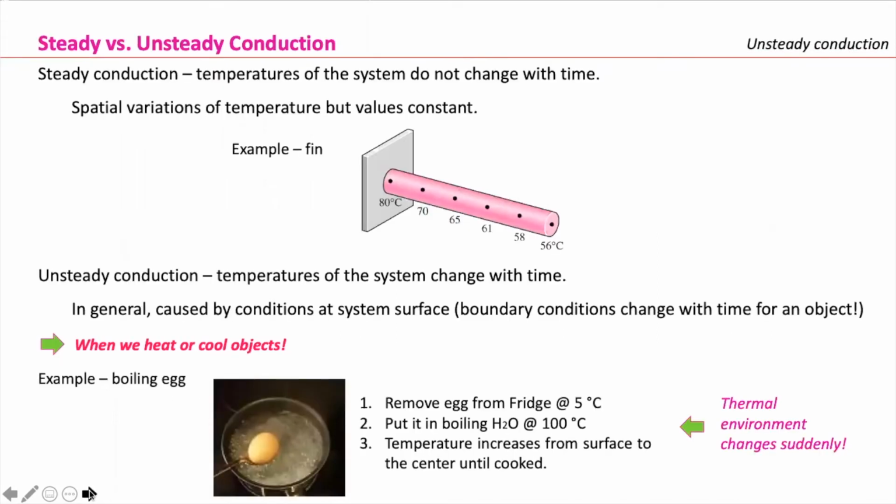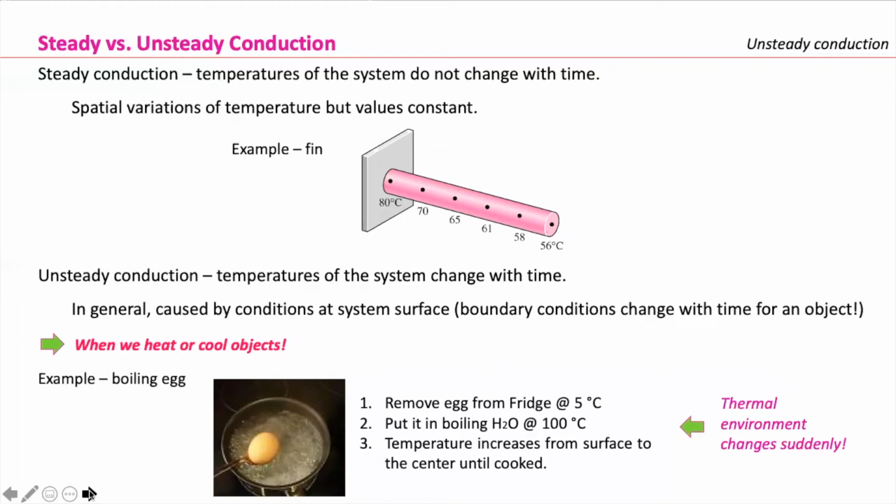So let's first put side by side steady versus unsteady conduction. In a steady conduction, the temperatures of the system do not change with time. We have spatial variations of the temperature, but the values are constant. We need spatial variations of the temperature because otherwise heat transfer won't take place, right?